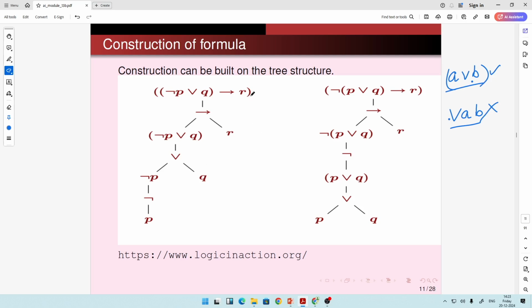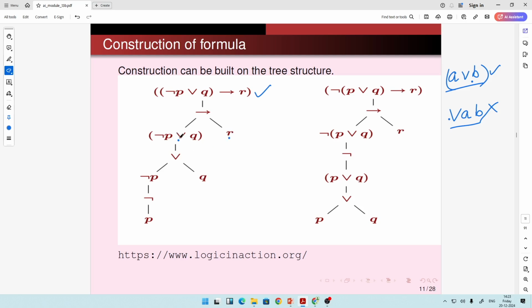In this example, not P or Q implies R, the implies comes here, and this is the branching point, and this divides into two trees: not P or Q comes here, and R is the right of this tree.